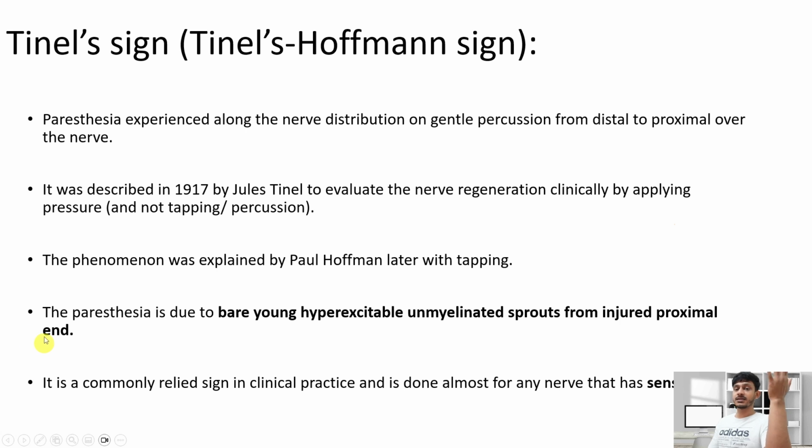So why we come distally to proximal is, we know that the nerve regenerates from proximal to distally. So if the paresthesia is experienced more distally, it means the nerve has regenerated and almost reached the end. Whereas if paresthesia is present only proximally, it means the nerve has just started to regenerate. So it is a reliable sign in clinical practice and done for almost any nerve that has sensory fibers.